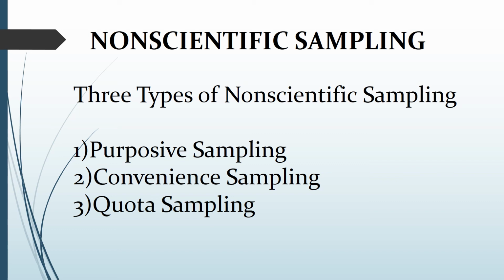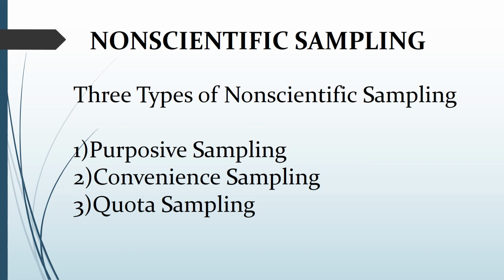Then, the convenience sampling is also referred to as haphazard or accidental sampling. The process of selecting some people to be part of a sample because they are readily available, not because they are most representative of the population being studied.